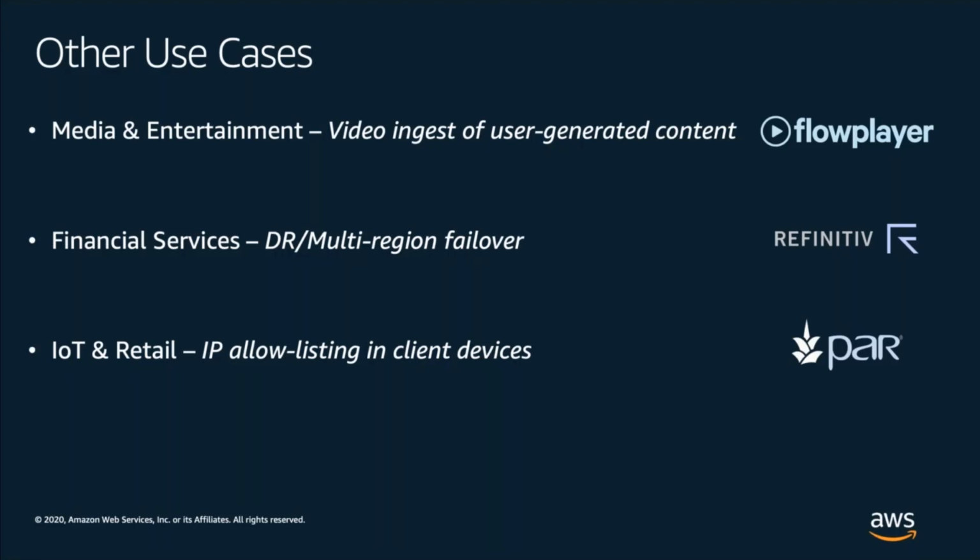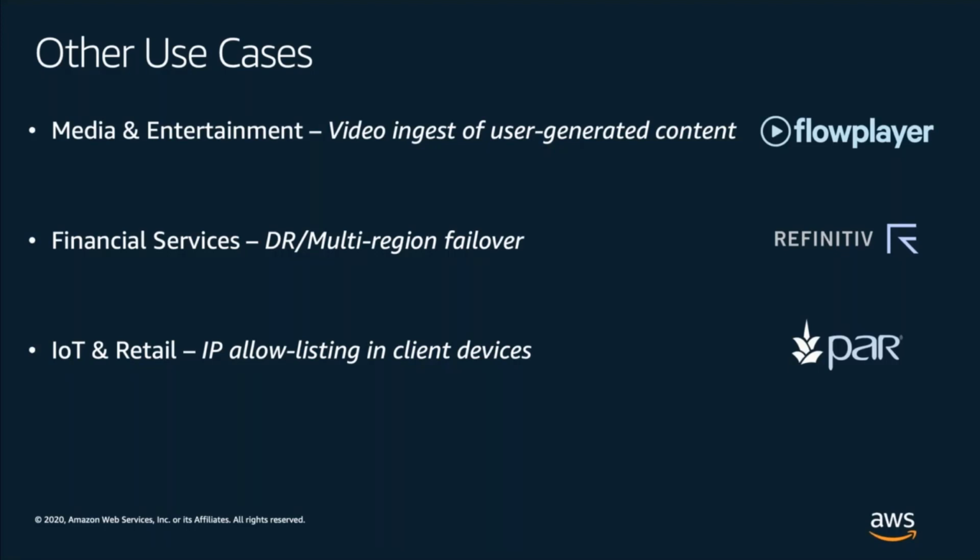And the last one is IoT or retail use cases in which you want to allow list a small set of IPs in your client devices, and these devices may not always have great connectivity to the internet, or you don't want to always rely on DNS resolution.